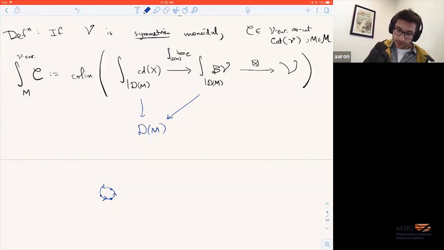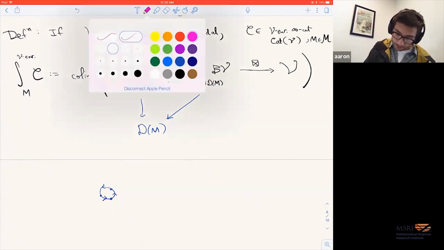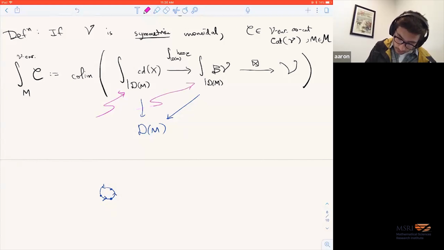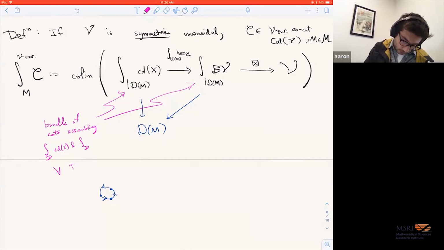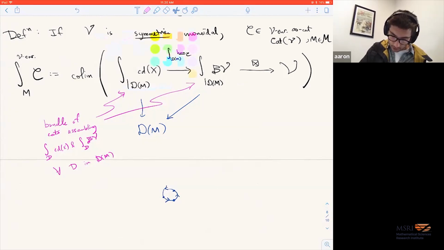Now this is a bundle of categories that assembles the factorization homology over a disk stratified one manifold D for all D in D of M. So a typical object in the fiber over this circle with three dots.